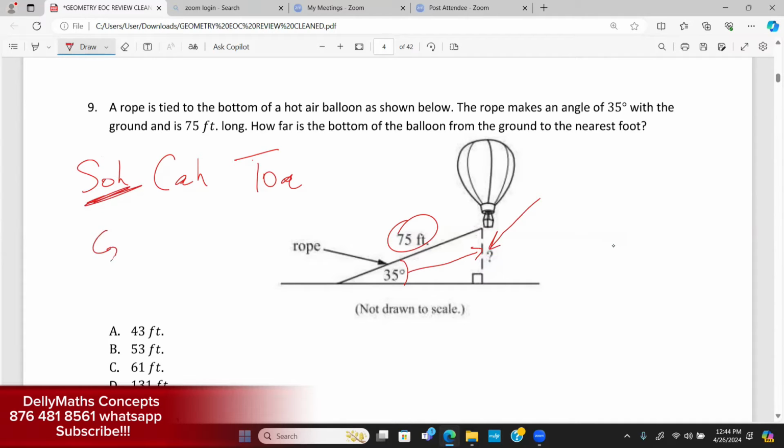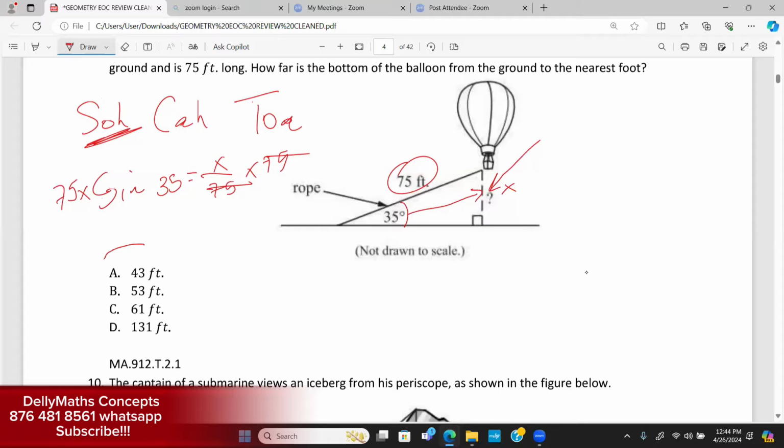So we could say the sine of 35 is going to equal, let me call this side x, x over 75, which means that if we multiply both sides by 75 to get the x alone, 75 times the sine of 35 will take us to the answer. And we're looking for 43. Here it is. That's the answer.